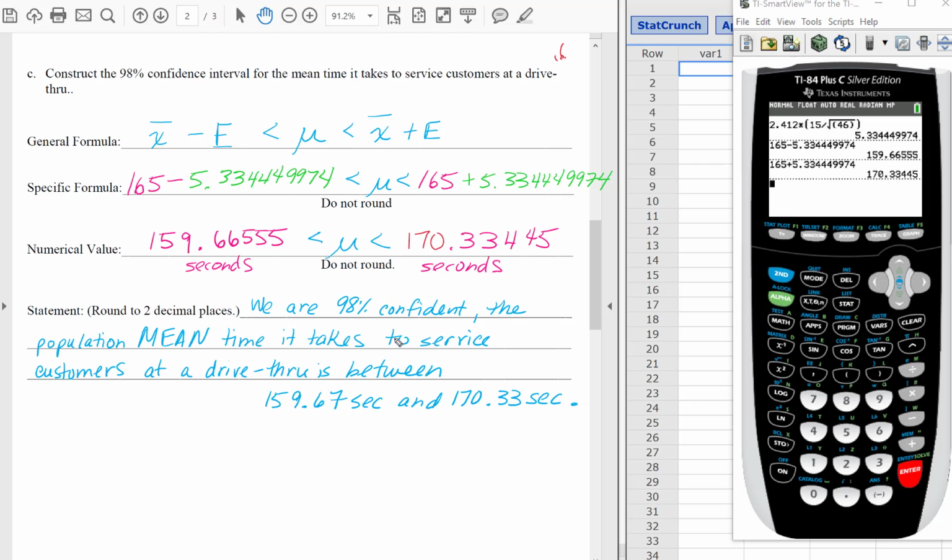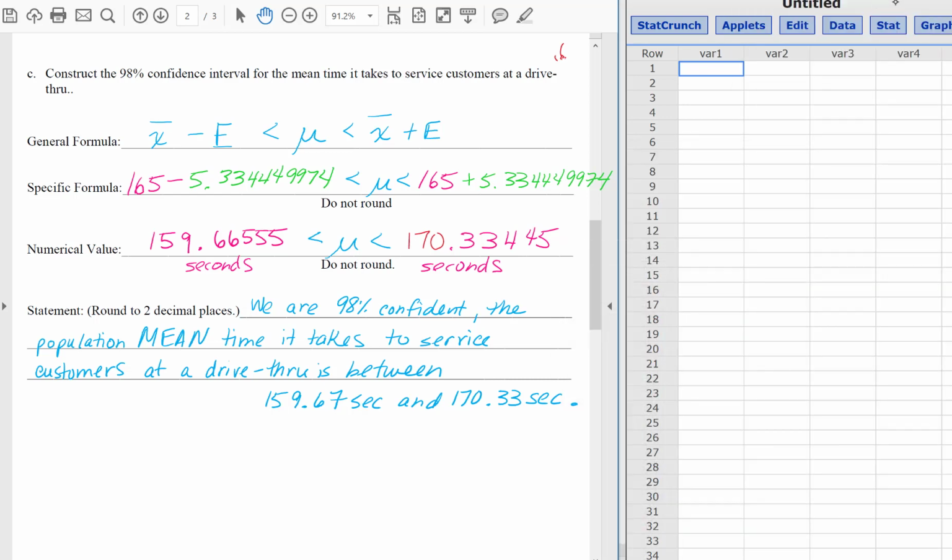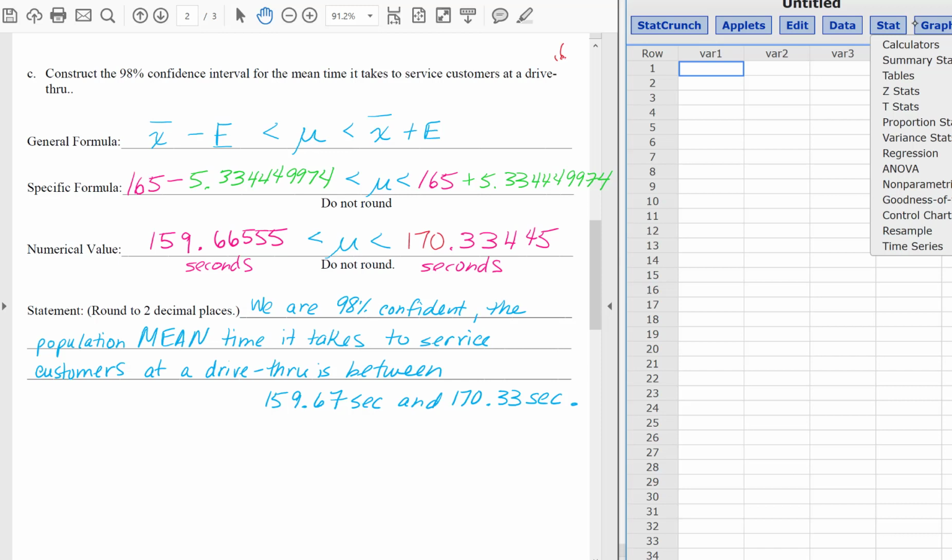So let's double check our answers on StatCrunch. Remember, StatCrunch will provide the confidence interval, but it will not provide the margin of error. So on StatCrunch, our directions are going to be under Stat. Then, because this is a mean, and with the standard deviation unknown, we're going to go to T-Stats and one sample.